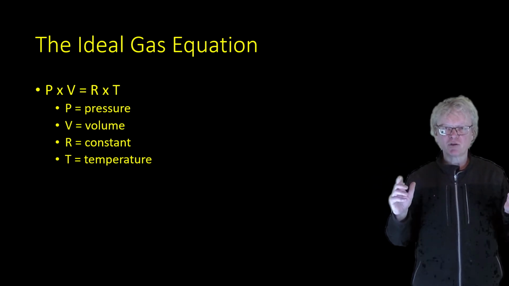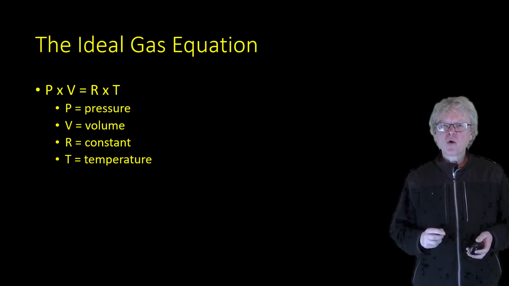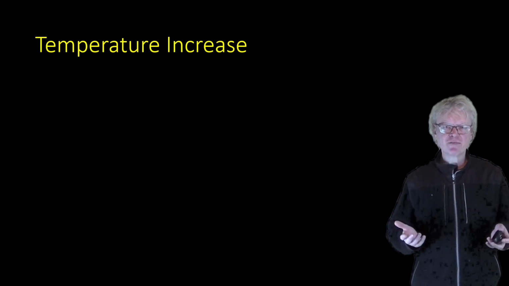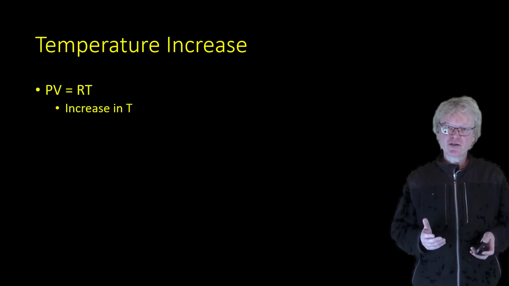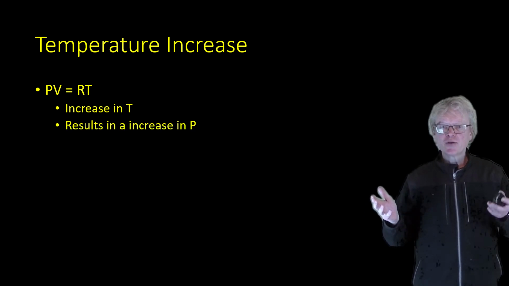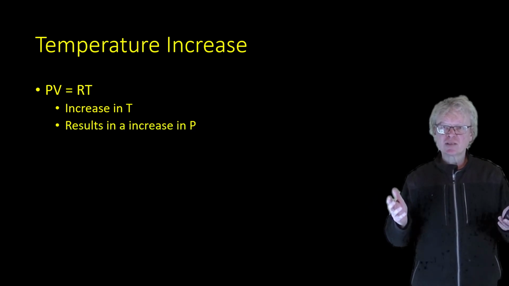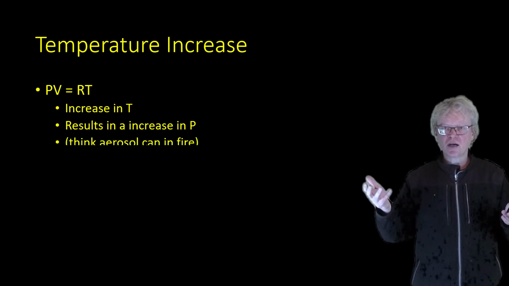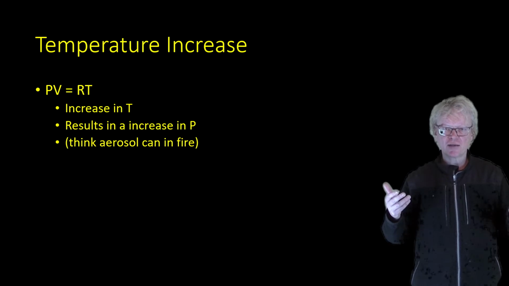Okay, so let's have a look at some examples. What happens if we increase the temperature? All right, PV equals RT. We increase the temperature, so that's on the right-hand side. You must also then get an increase in pressure.